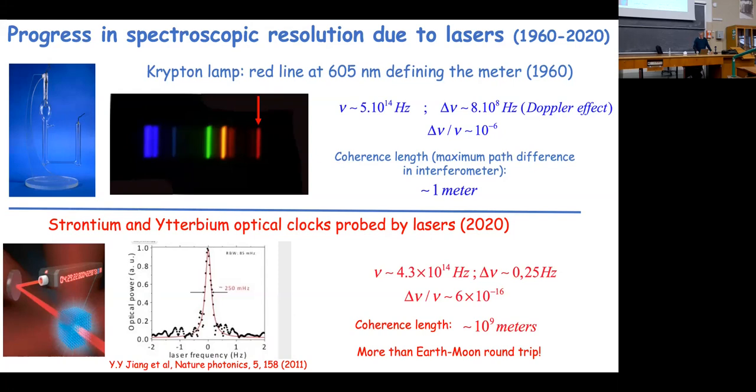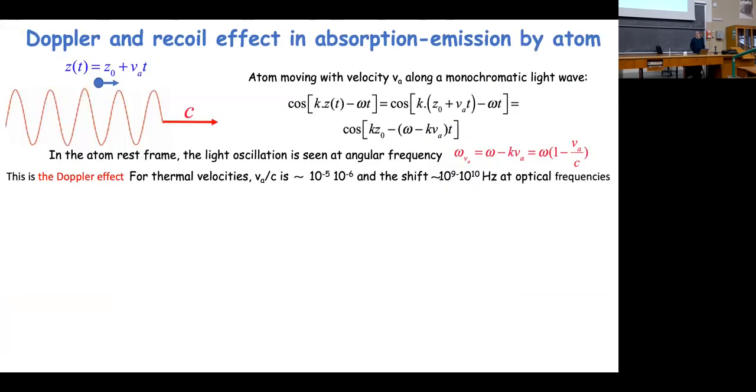So let's talk now about the Doppler effect, and I will go rather fast because I hope that you know about this, at least classically. You see here a wave which is propagating from left to right, and assume that you have an atom moving in the direction of the wave with a velocity v_A. In the reference frame of the atom, the phase of the light is k z(t) minus omega t, where z(t) is the law which describes the motion.